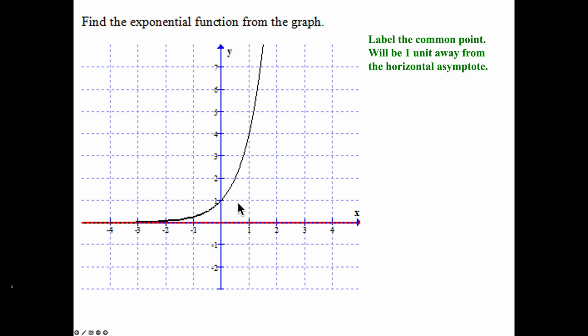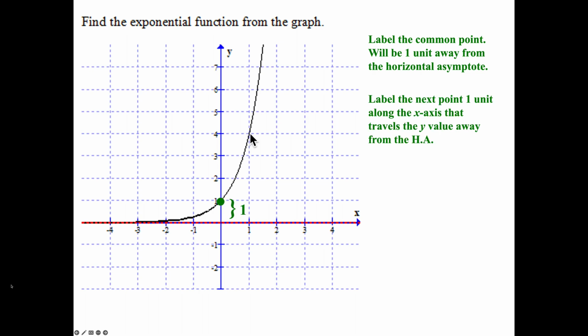To the right of 0, 1 was 1 comma the base. So if we go 1 to the right, we count up 1, 2, 3, 4. My base is 4. Again, you're counting from the horizontal asymptote. Not always the x-axis, not from the common point, but from the horizontal asymptote. So right now, this is f of x is equal to 4 to the x power.